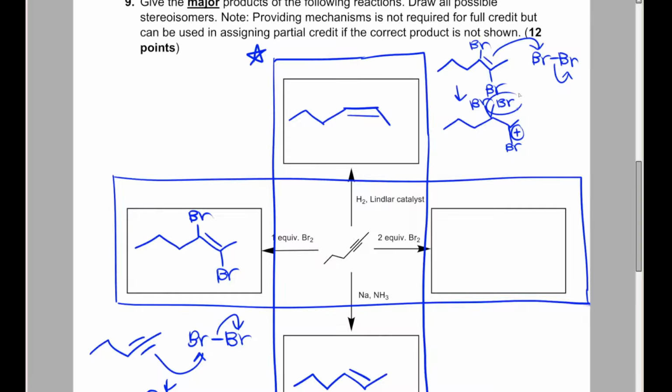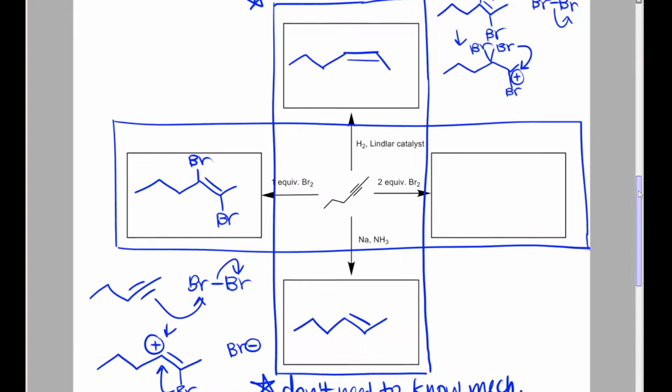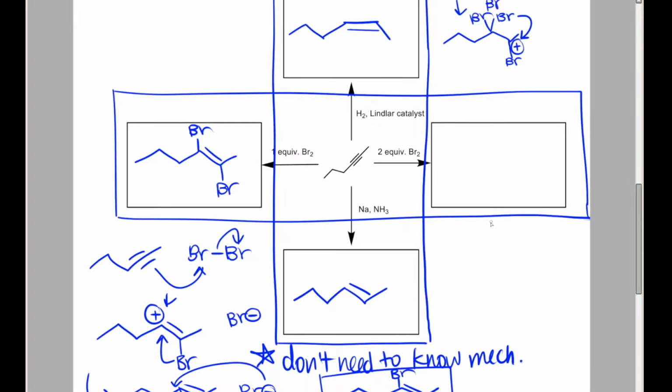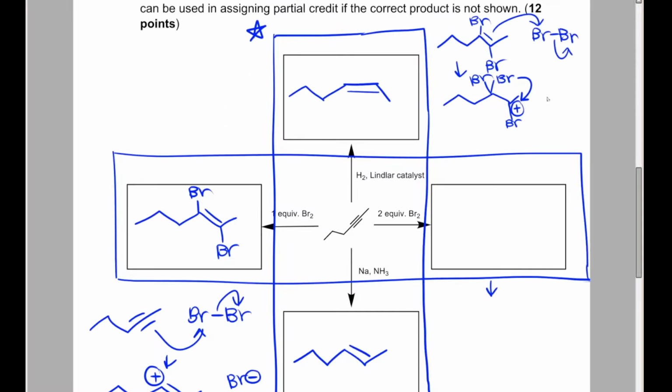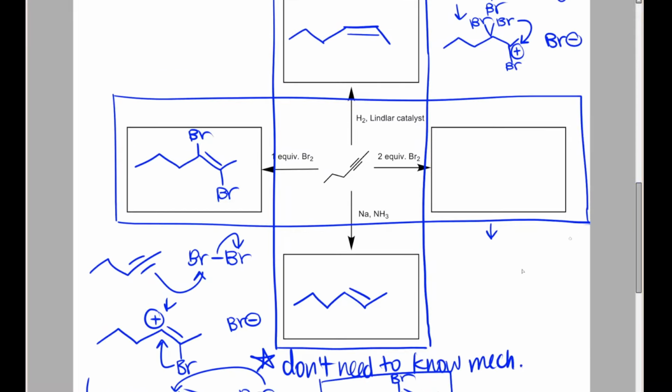And now this additional bromine that we added is going to also form this triangular bromonium ion. And just to remember, we have this Br minus that we also created from the leaving group. And we're going to get something that looks like this, where the positive charge is now transferred from the carbocation onto the bromonium ion.